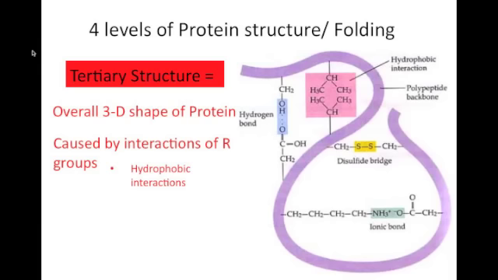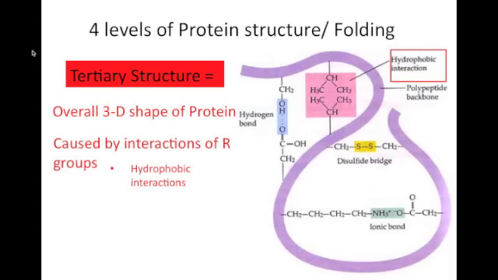The first one is hydrophobic interactions. If you look at the picture here, here's one of those amino acids that have the methyl groups. If this is in our body and in water, that wants to be as far away from water as possible because it is so nonpolar.